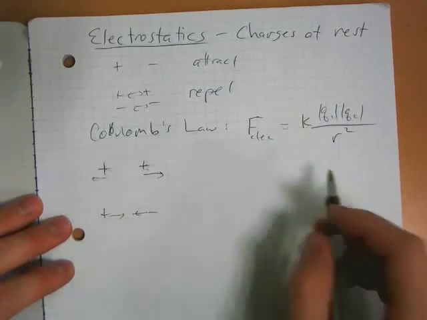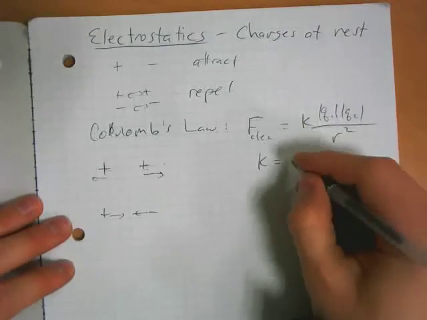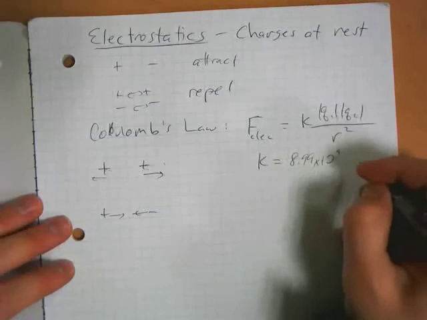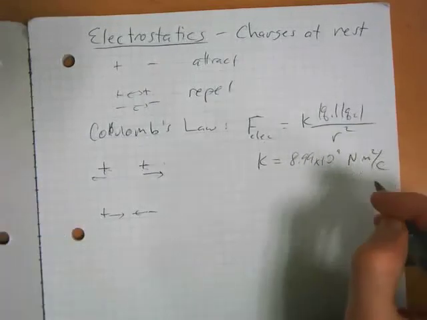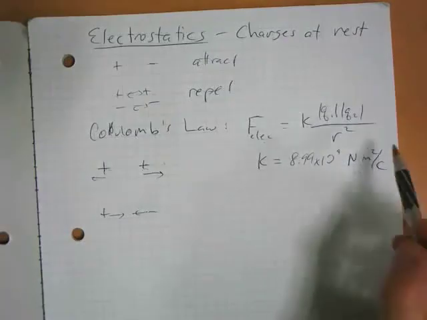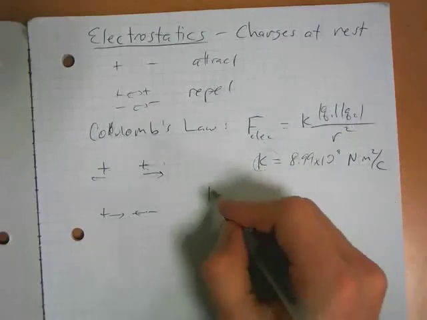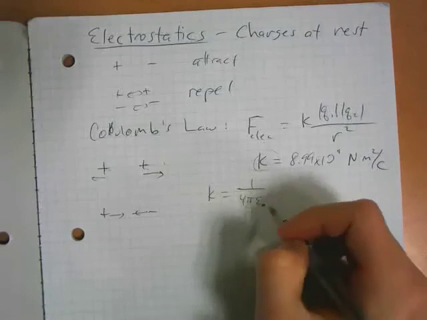This K is a constant. It is 8.99 times 10 to the 9th Newton meters squared per Coulomb. K is actually not something physical. K is related to another constant called epsilon naught: K is 1 over 4 pi epsilon naught.